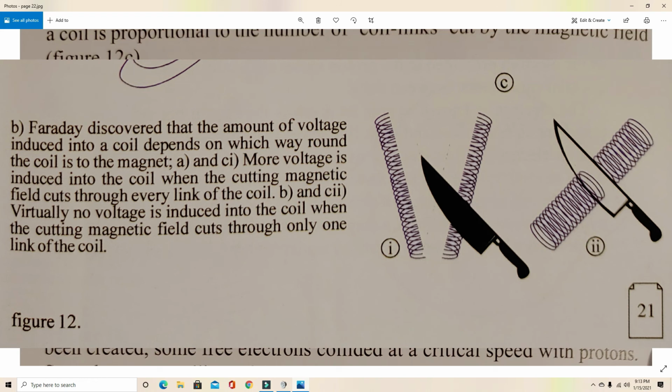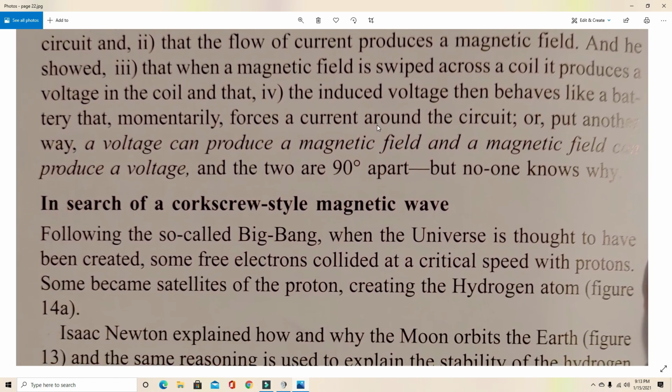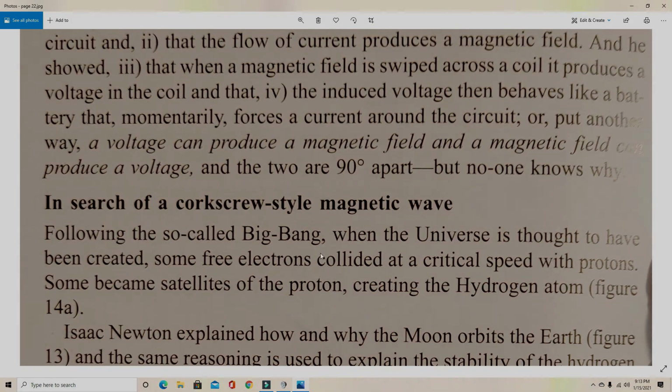And he showed that when a magnetic field is swiped across a coil, it produces a voltage in the coil, that the induced voltage then behaves like a battery that momentarily forces a current around the circuit. Or put another way, a voltage can produce a magnetic field and a magnetic field can produce a voltage. The two are 90 degrees apart, but no one knows why.